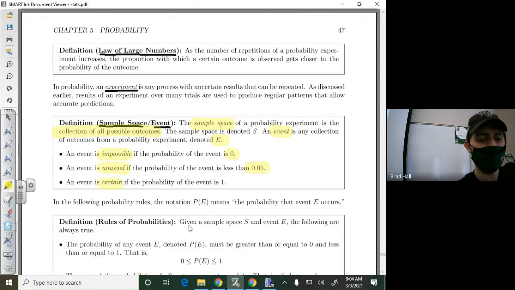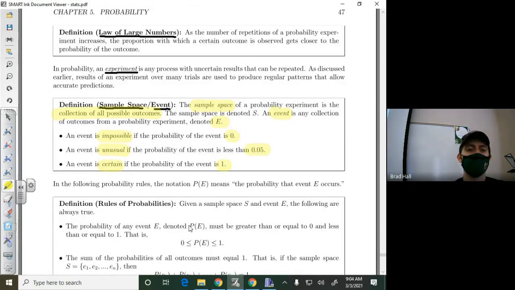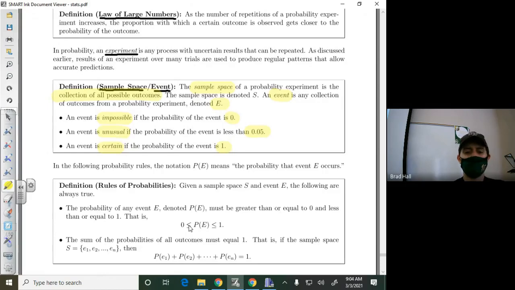An event is certain if the probability is 1. The probability is 1, that means there's a 100% chance of the event occurring. So that's some of the important terminology that I will be going through, mainly sample space and event.